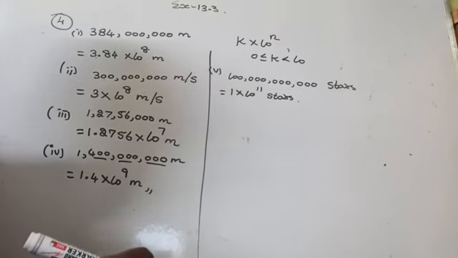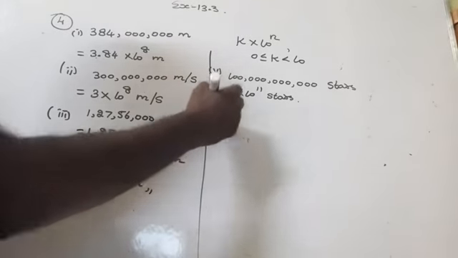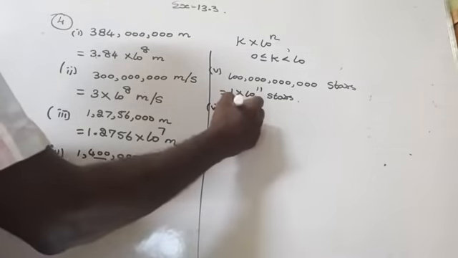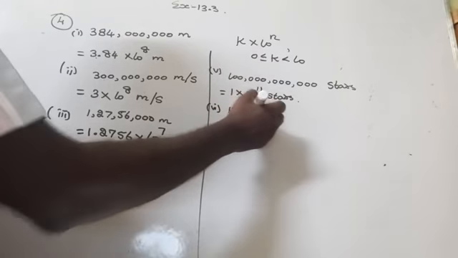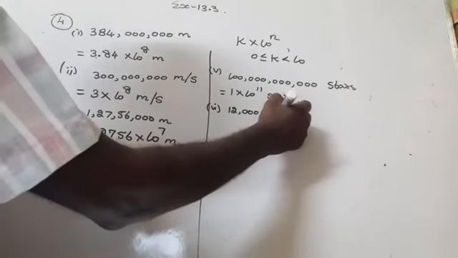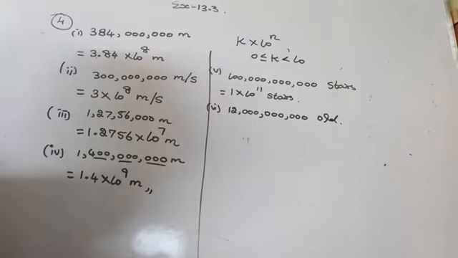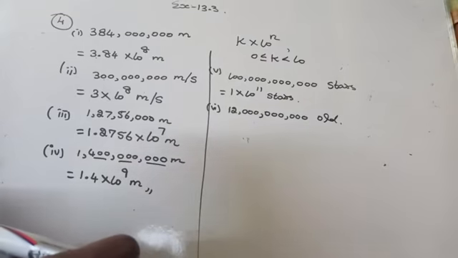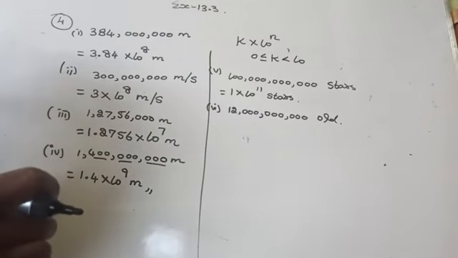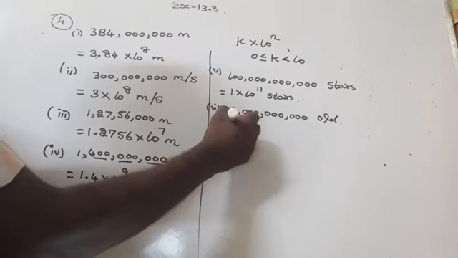Then the universe is estimated to be about 12, and how many zeros are there? 9 zeros are there. Now tell me, how will you express the given statement in the standard form? Yeah, 1.2.